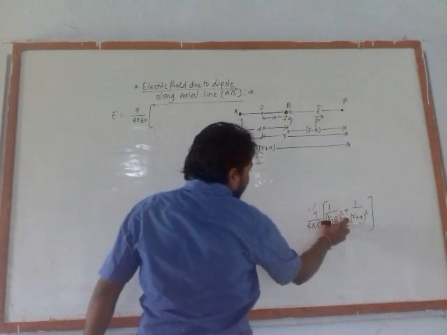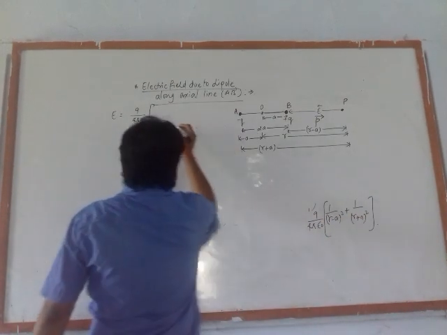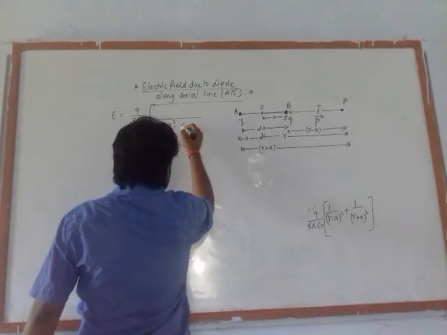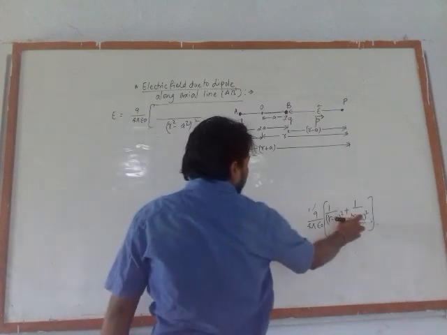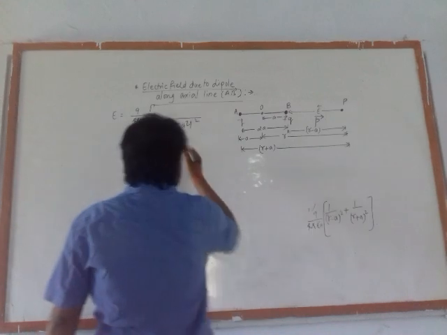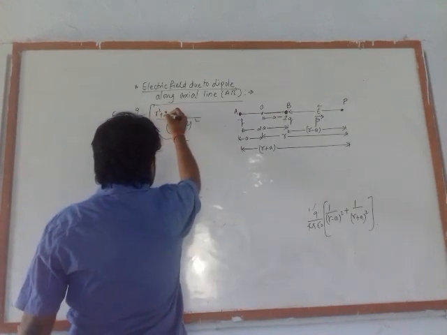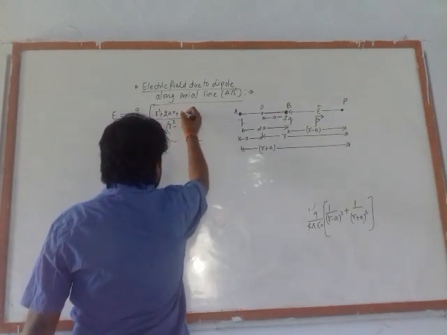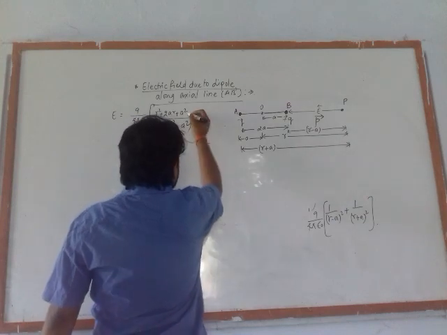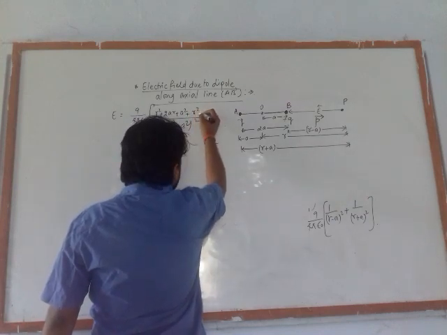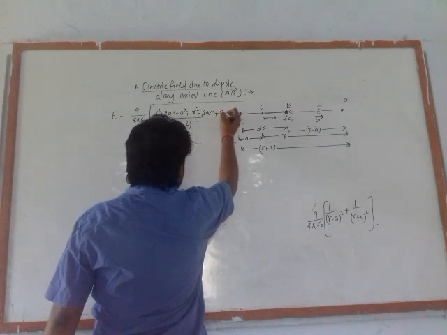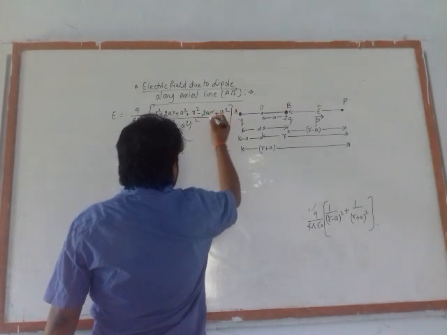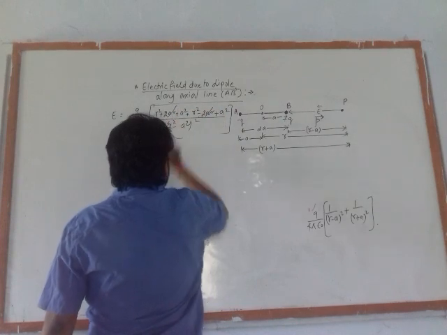Now if you take the LCM of these two, it will be R square minus A square whole square, and in the numerator R plus A whole square, so R square plus 2AR plus A square, and then plus R square minus 2AR plus A square, right? So here 2AR and 2AR will cancel.